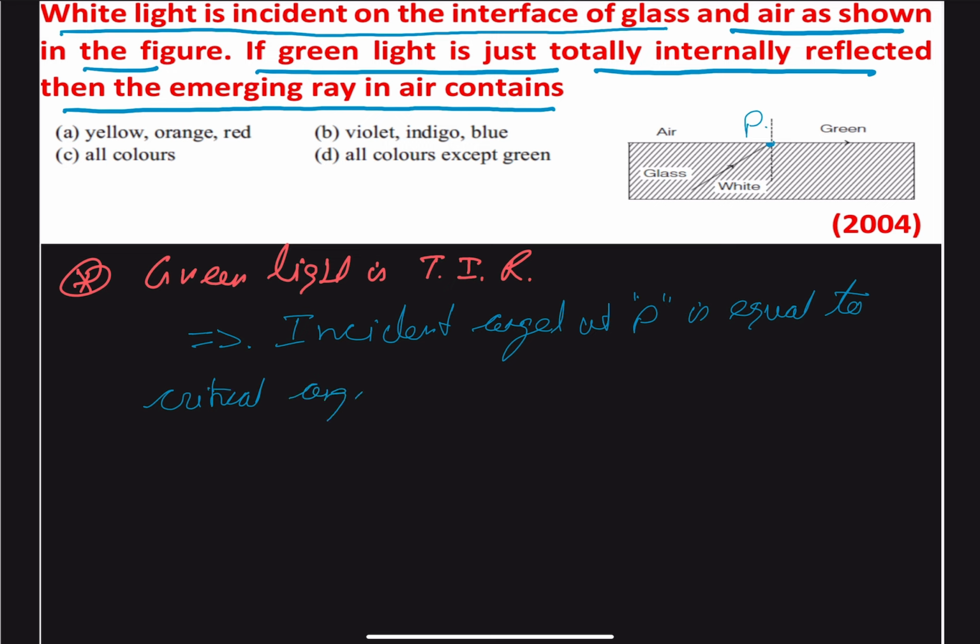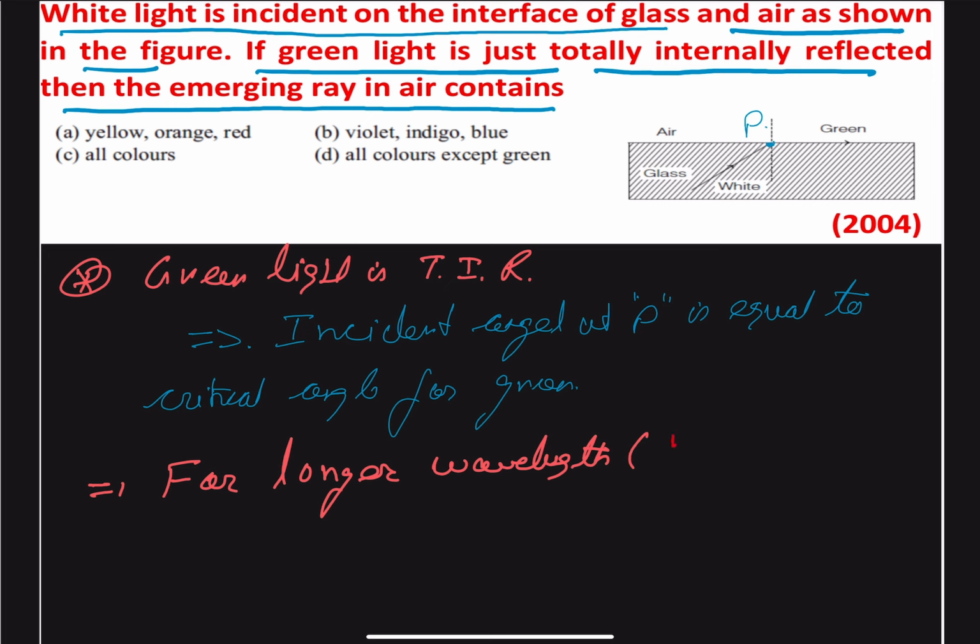For longer wavelengths, which are yellow, orange and red, their critical angle will be greater than the incident angle.